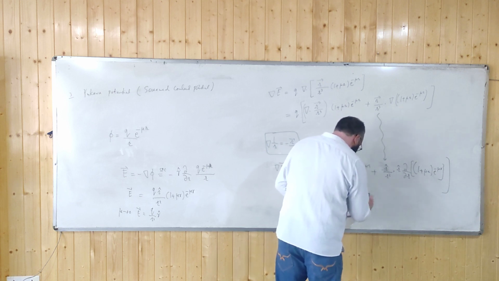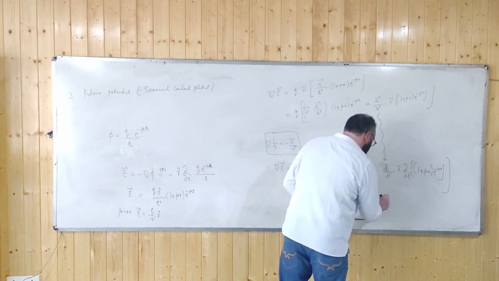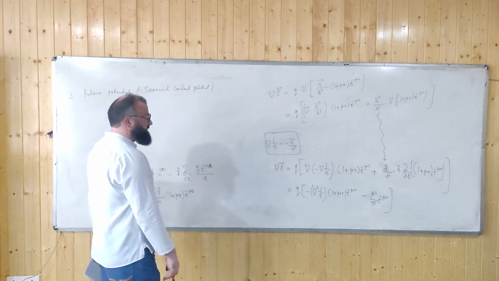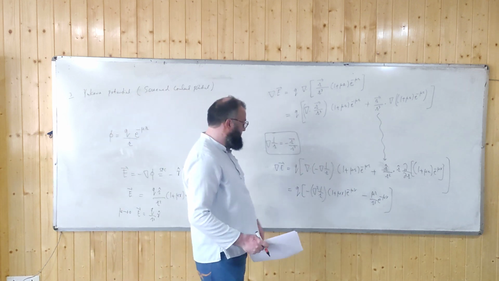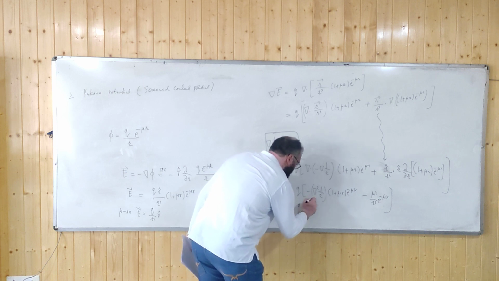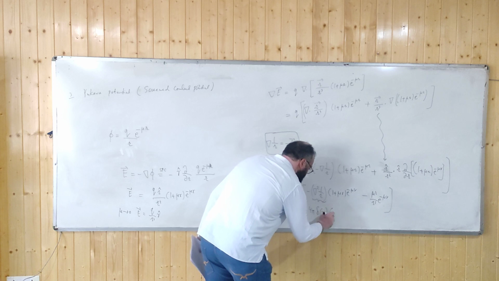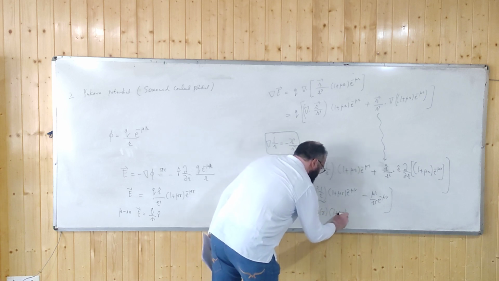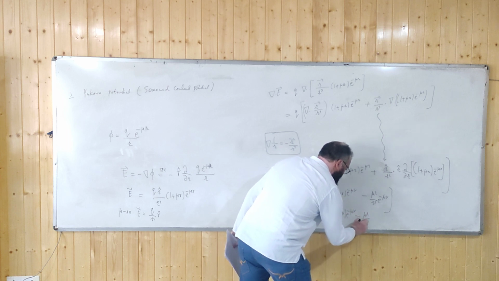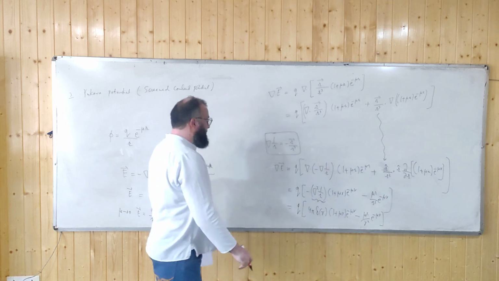It is simply minus mu square by r square e raised to minus mu r. You just need to differentiate by parts. So this object is equal to Q times 4 pi delta of r, times 1 plus mu r e raised to minus mu r, minus mu square by r square e raised to minus mu r.